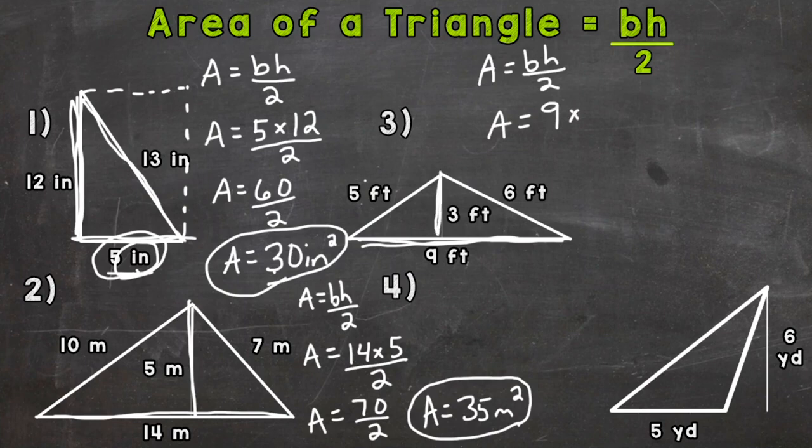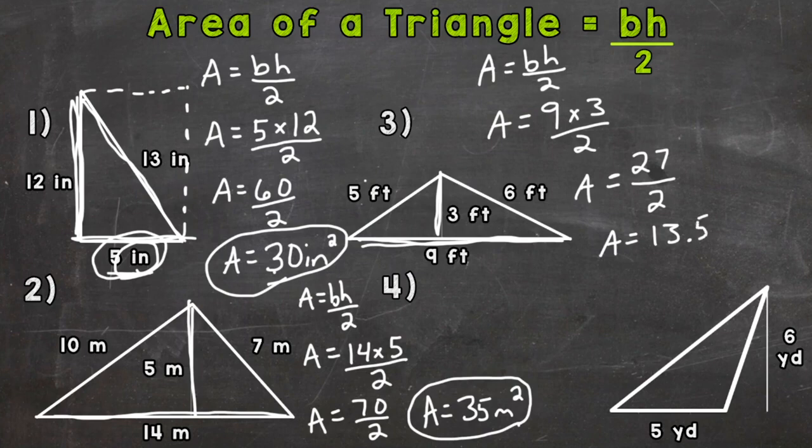How tall is that triangle? 3 feet. And we divide that by 2. So we get 9 times 3 is 27 divided by 2. So our area, and this one's actually going to give us a decimal, 13.5 or 13 5/10 square feet.